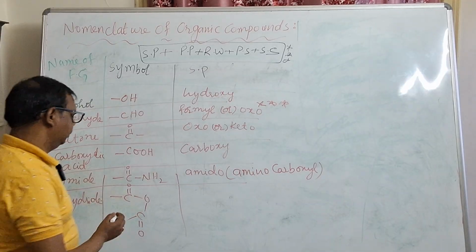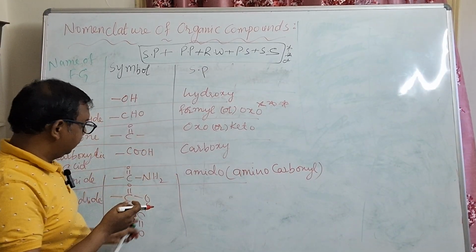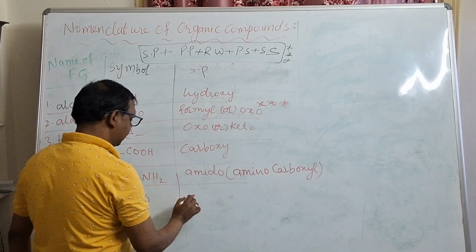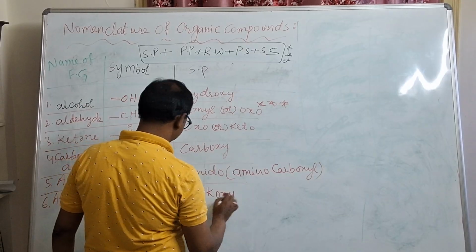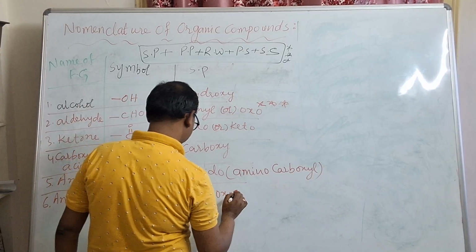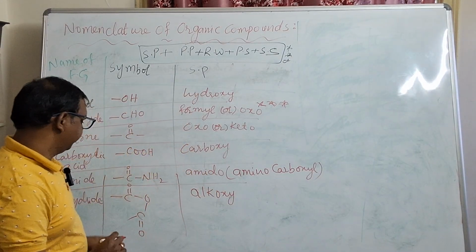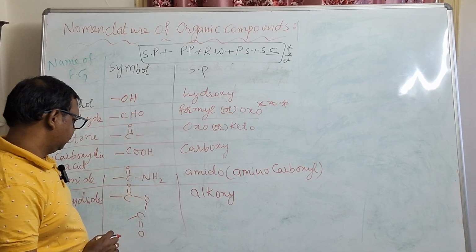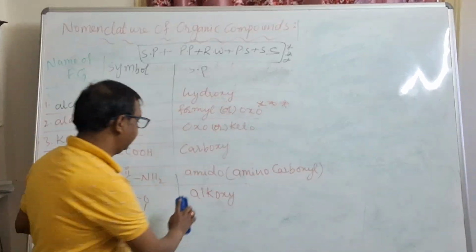Now this we can write as alkoxycarbonyl. Alkoxy, you can see here. It can be written as alkoxycarbonyl.